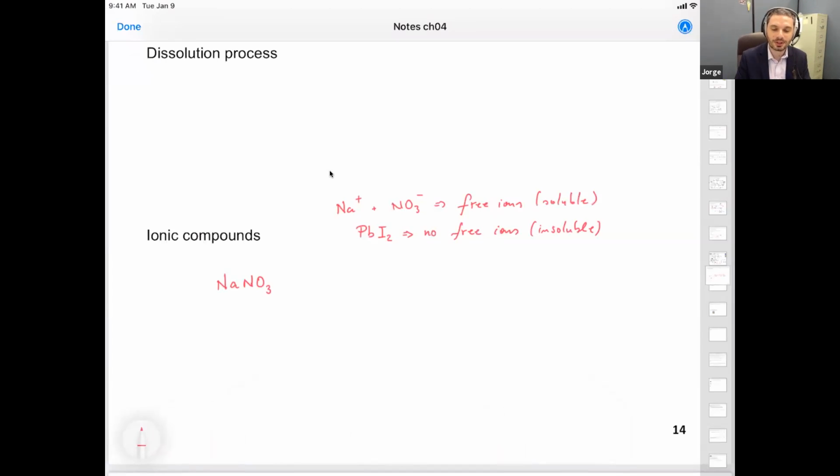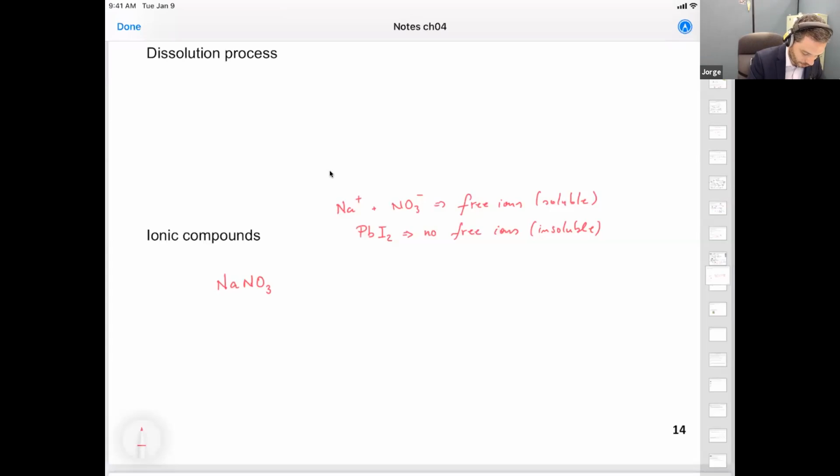Therefore, a salt solution that is an electrolyte is going to be always formed by a soluble salt. And a salt solution that is a non-electrolyte is always going to be formed by an insoluble salt.